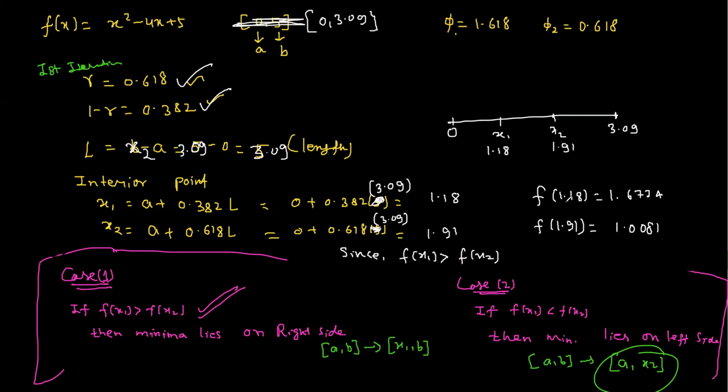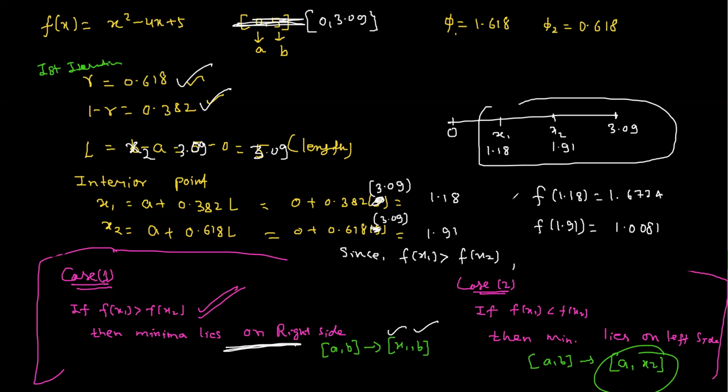Understood, na? So the new interval will be x1 to b, right? This part. Because it lies on the right side, the left side will be discarded. Understood? Yes. Here I discard the left side.